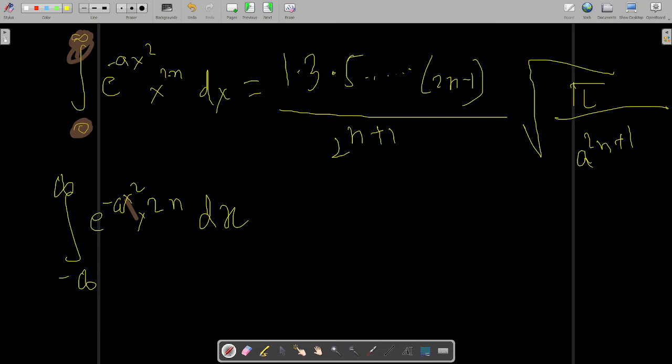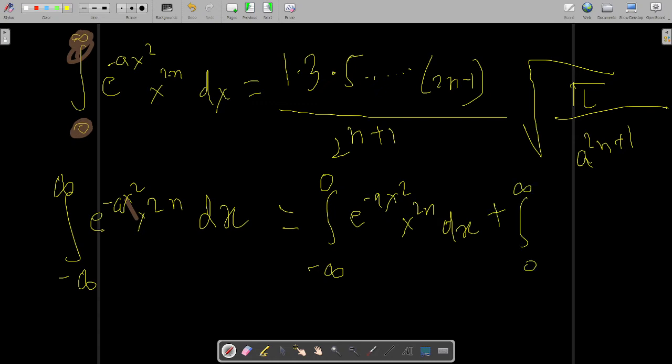Now you might have learnt in your lower classes maths that this can clearly be written as minus infinity to 0 of e to the power minus a x square x to the power 2n dx, and then in addition you write the 0 to infinity part.